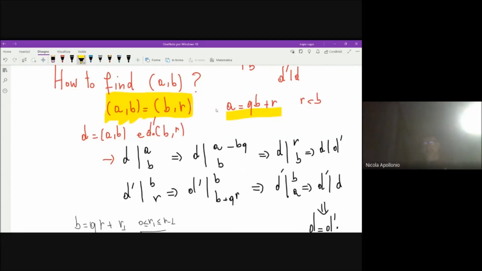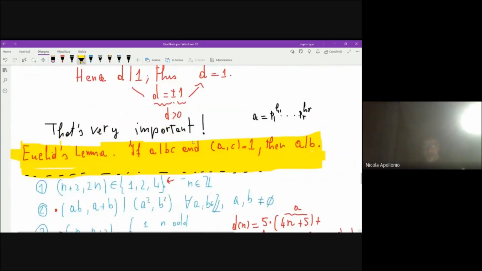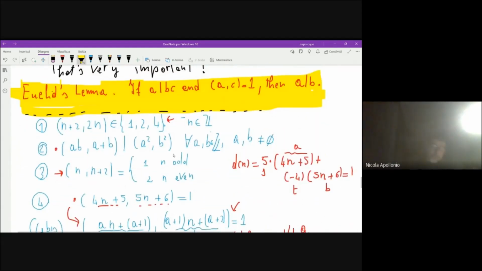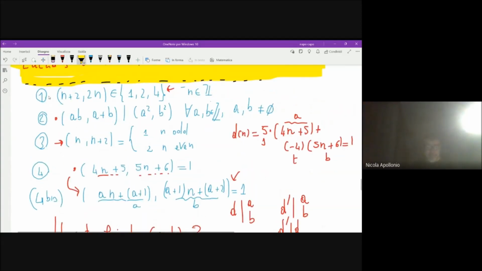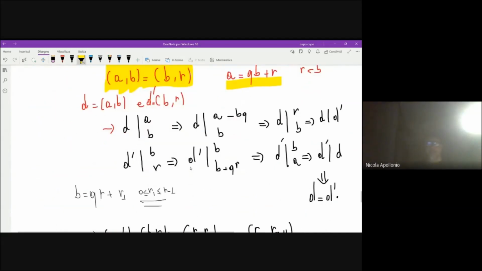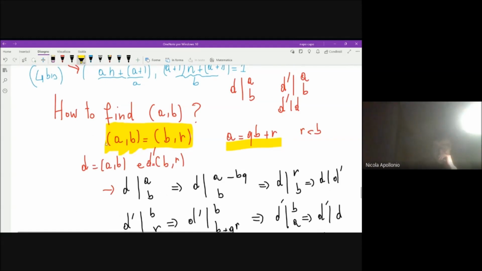And it's very easy, and it depends on the Bezout identity, on the definition. We worked on it with the help of the exercises from 1 up to 4B. The claim is that the greatest common divisor of A and B is the same as that of B and R. Why is this true?